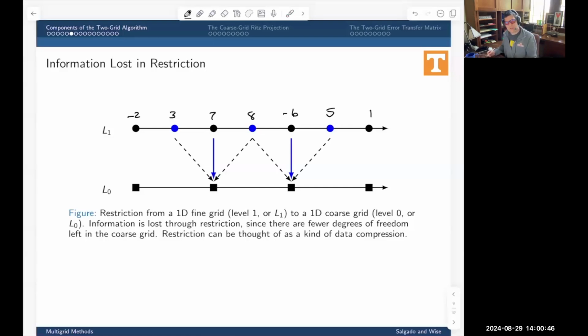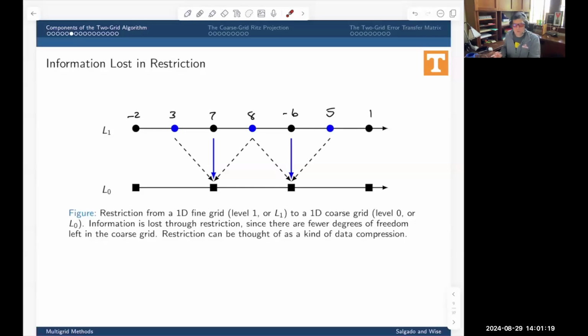So there's information that lives there. We're going to take our restriction operator and push this information from a high dimensional space into a lower dimensional space. In this case, we might take the average of these three numbers and put it into that. However we're doing it, we're taking a bunch of information from a high dimensional space and pushing it into a low dimensional space. This is what restriction does.